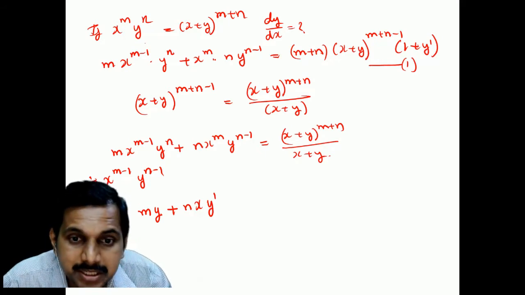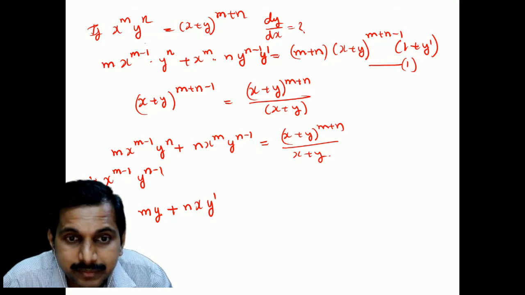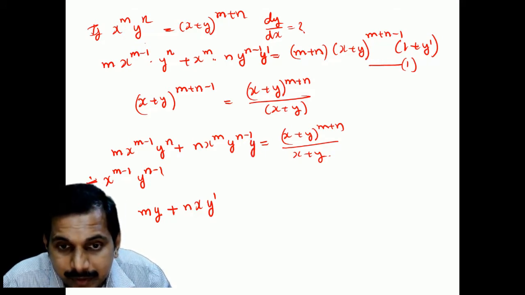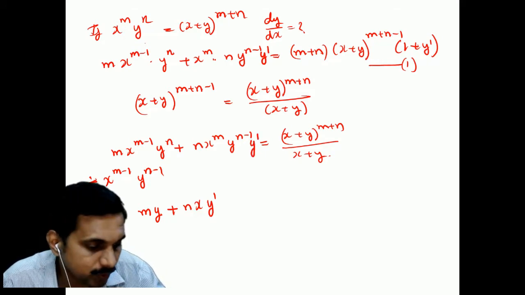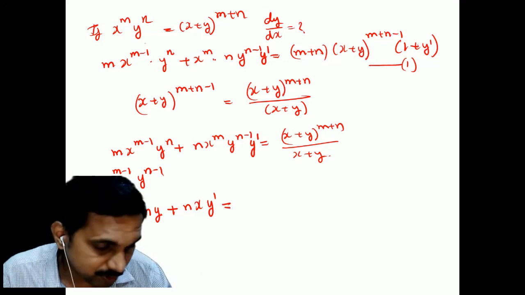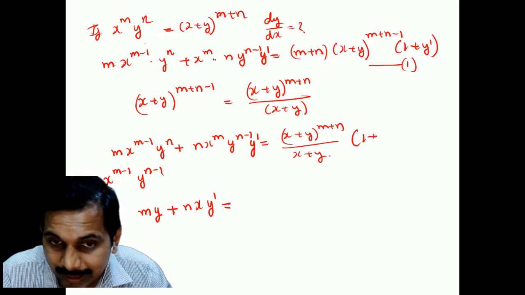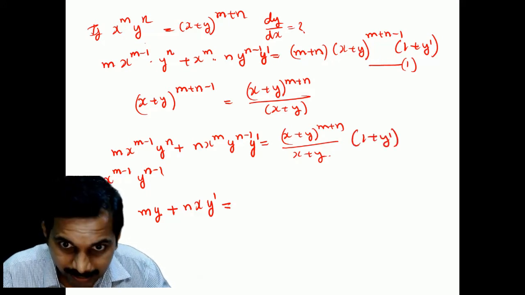I'm sorry, here I missed a y dash, my bad, y dash has to be there, students. That's a mistake, because when you differentiate y, there is y dash. So n x into y dash is equal to, I'm sorry, 1 plus y dash. Correct? That also I missed.